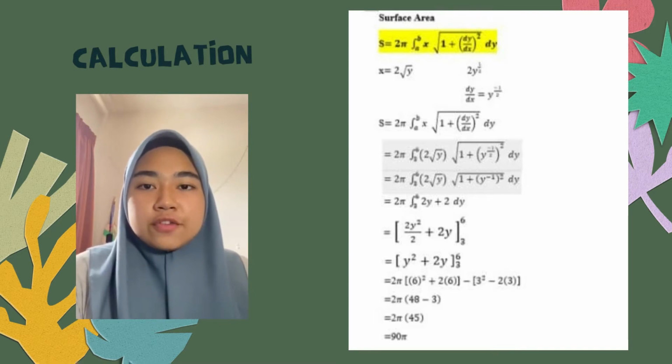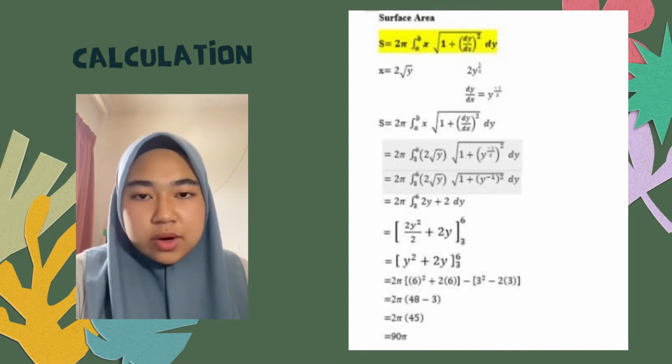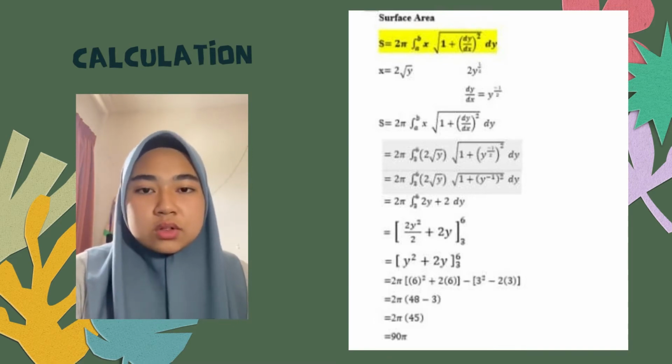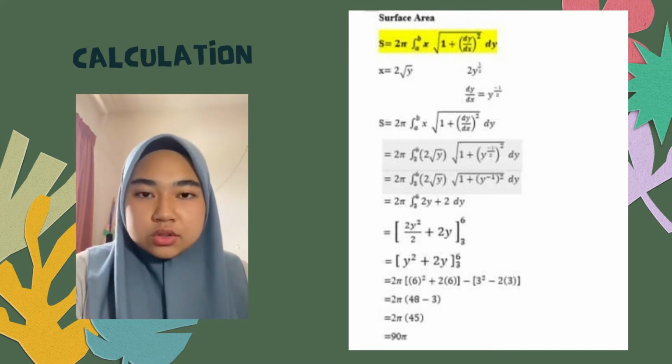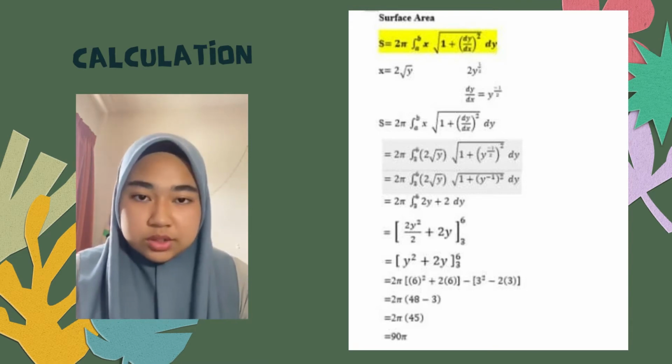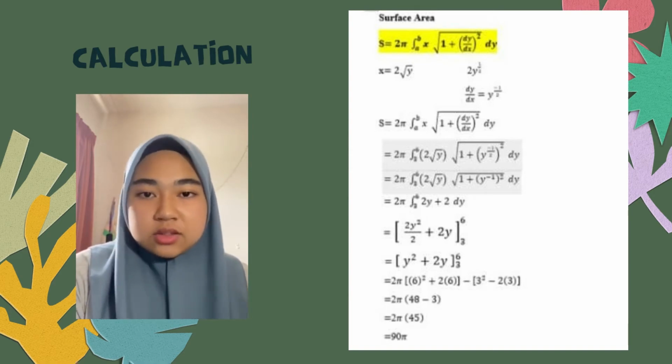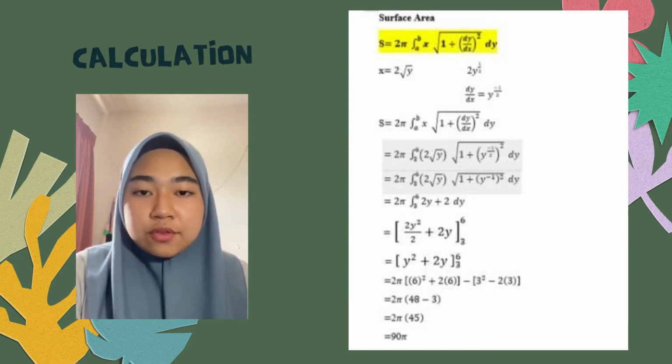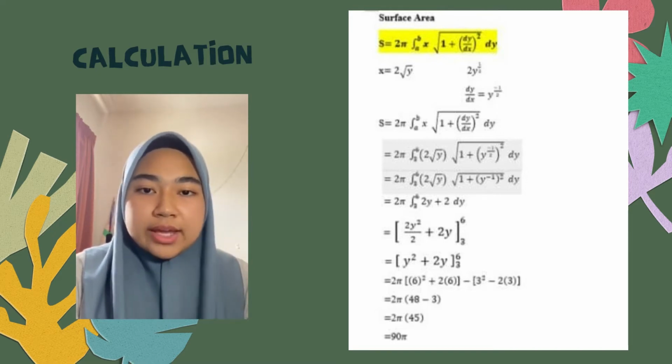Okay, next, let me explain how we can get the surface area for this question. From the question, it is given the y equation, which is y is equal to 1/4 x to the power of 2. So from that y equation, we have to find the x equation. Why do we have to find the x equation? Because for this question, we use the formula of surface area about the y-axis.